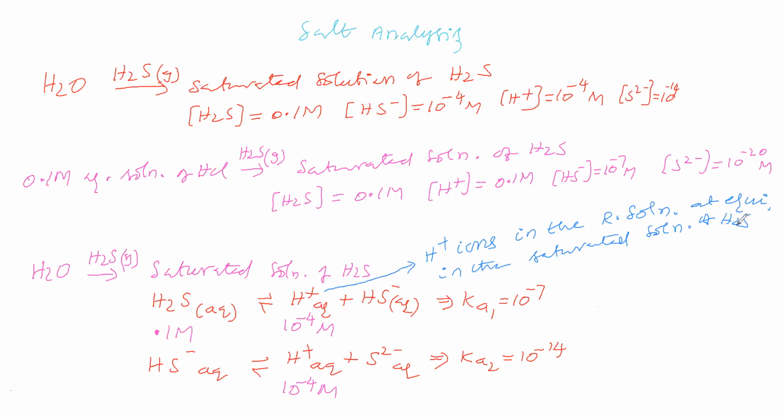That is the meaning here. Now see, this system is at equilibrium. Now this H plus, what does it mean? It is the H plus ions in the resultant solution at equilibrium in the saturated solution of H2S.